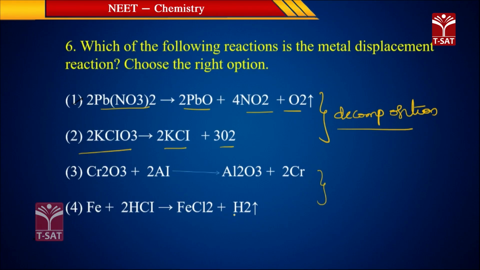So, the second and third reactions are displacement reactions, but in the third option particularly a metal is displaced. Here chromium is displaced by aluminum. So, the third option is a metal displacement reaction.